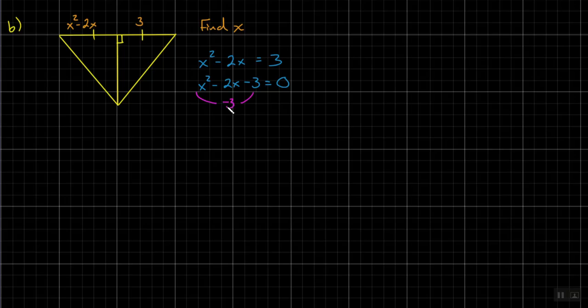I now need 2 numbers that multiply to be -3, but they add up to what? So they have to multiply to be -3, and I'm going to make this note. Multiply to equal -3, but they have to do something else at the same time. They have to add to equal -2 because it's this number.